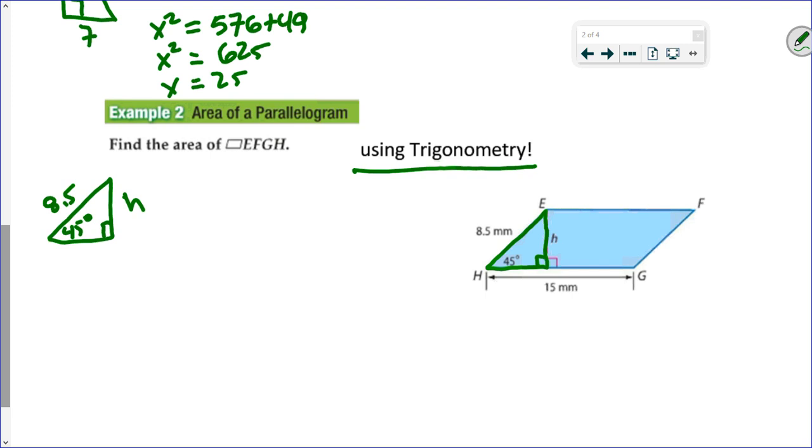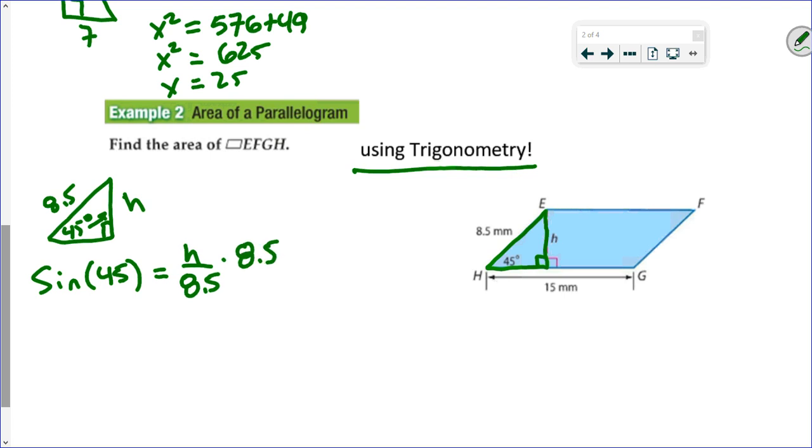So how do H and 8.5 relate? Well, we've got the side opposite my 45 and the hypotenuse. So what trig ratio should we use? We should use sine. So sine of my 45-degree angle is opposite H over hypotenuse 8.5.